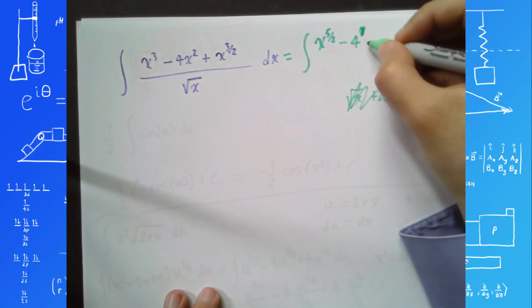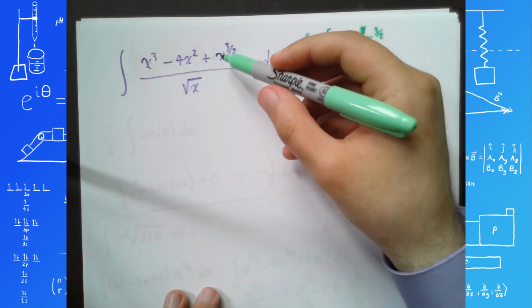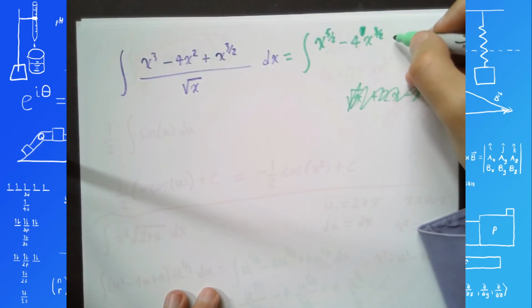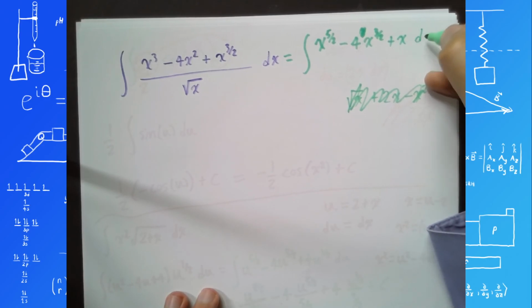Whoops, x to the 3/2. And then x to the 3/2 divided by x to the 1/2, 3/2 minus 1/2 is x to the 2/2, which is just x to the 1, dx.